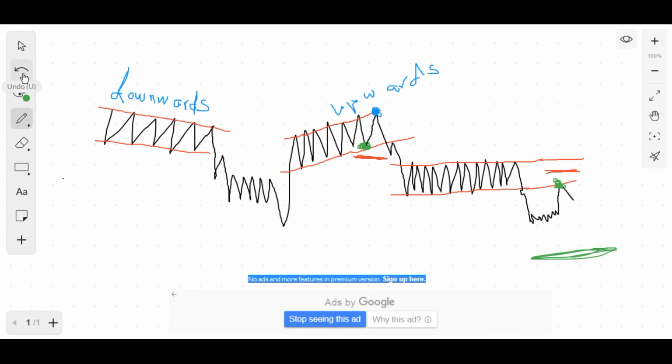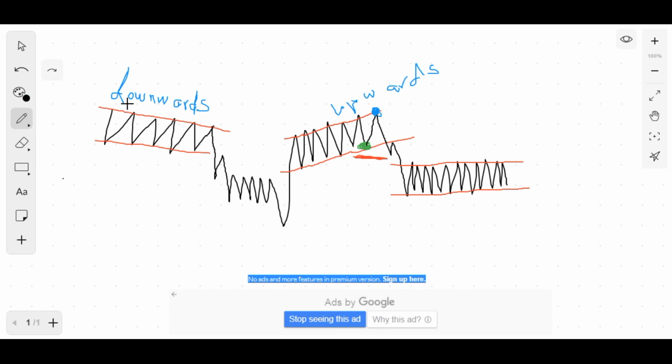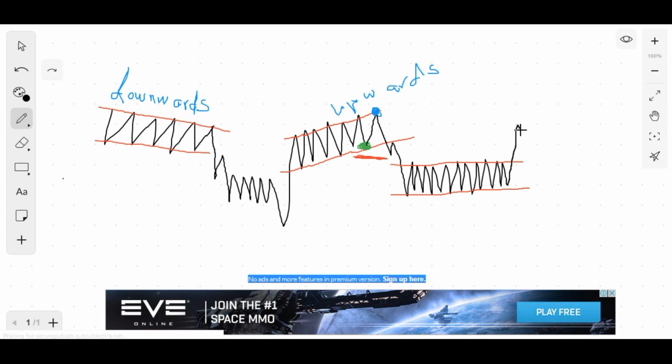So let's say it broke up. Let's say it was an upwards break. Okay, so let's look at this. So let's say it went up, got here, and then it broke this line. What you have to do is you wait for a retest.